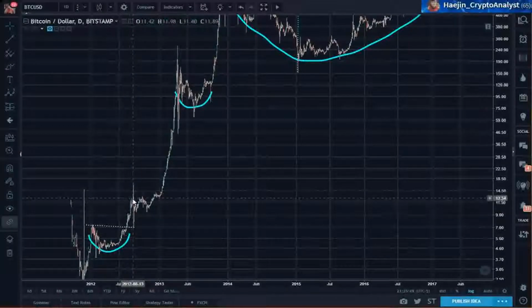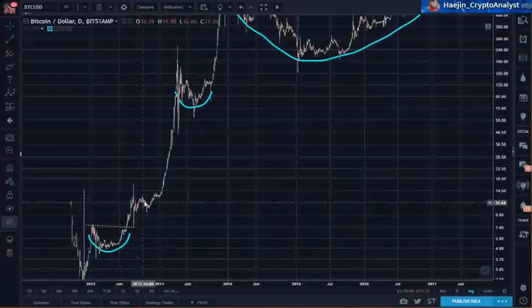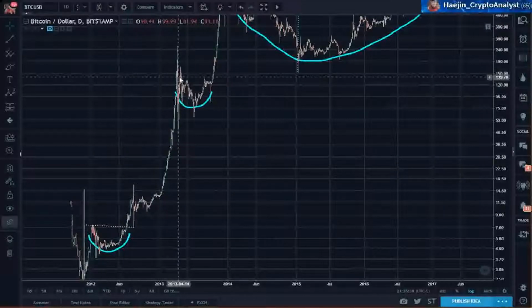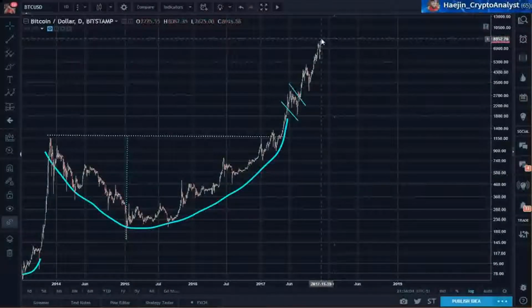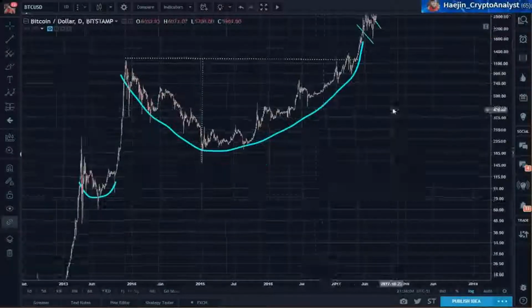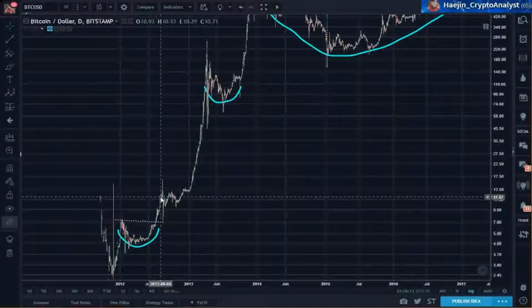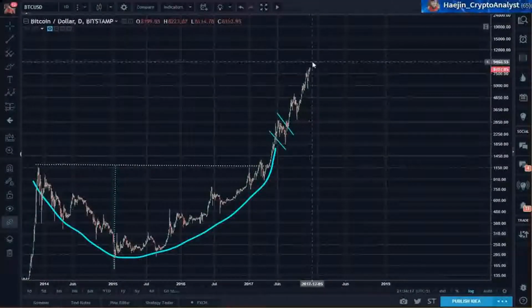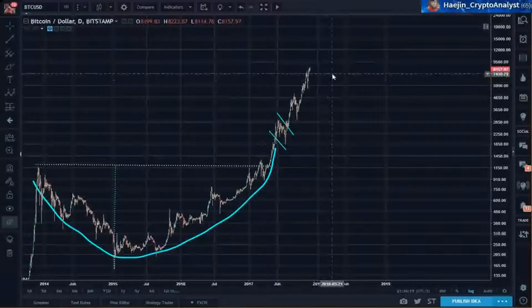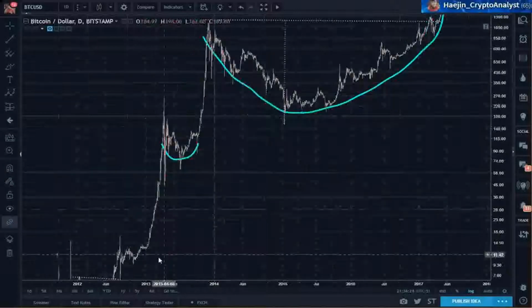We are about here, somewhere here. Okay. And then this one here, it did a correction and it went vertical again. So where we are here, right here, I think we are somewhere here. And if that's the case, I think we'll probably hit 9,000 or so, correct? And then go vertical.